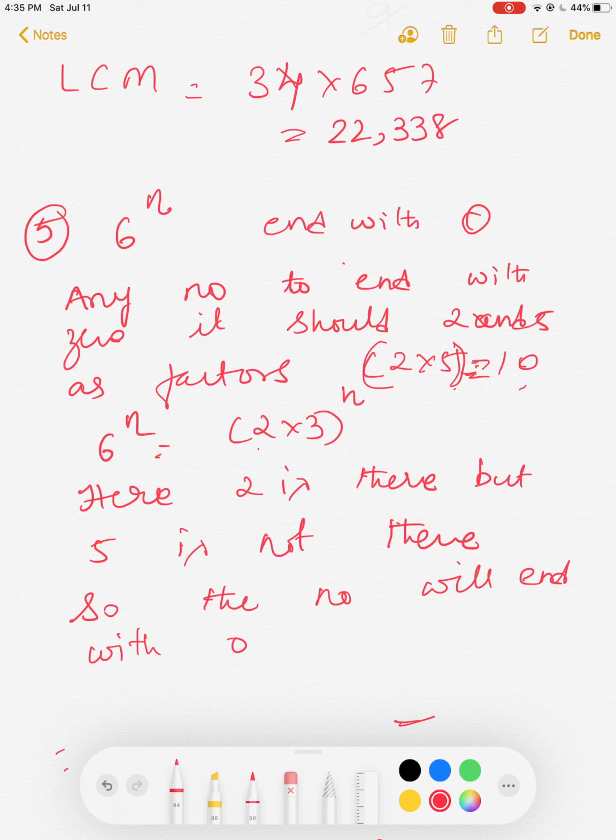Here 2 is there but 5 is not there. So the number will not end with 0. Okay, this is the fifth problem.